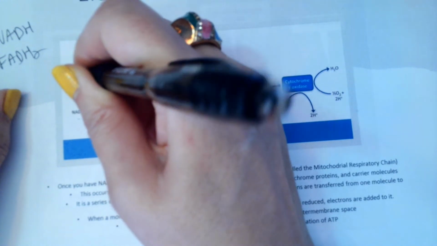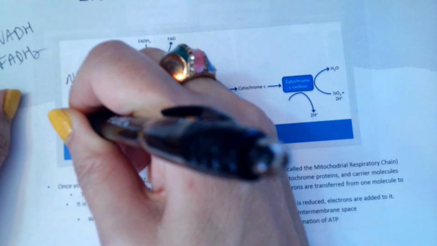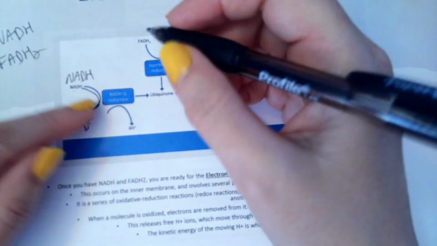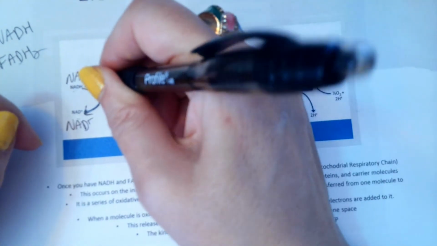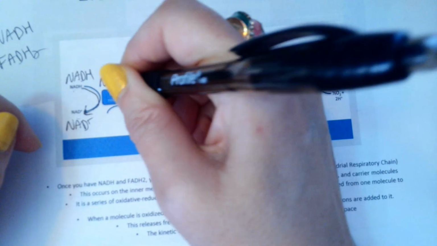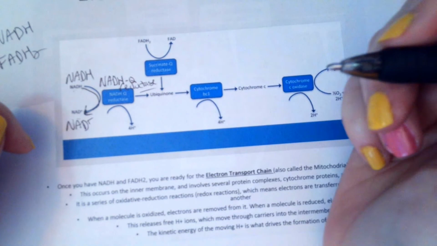So this is NADH, and we take the electron away and we have NAD+. This is accomplished by NADH-Q reductase, is what this says. We know that's an enzyme because it ends in the letters ASE.